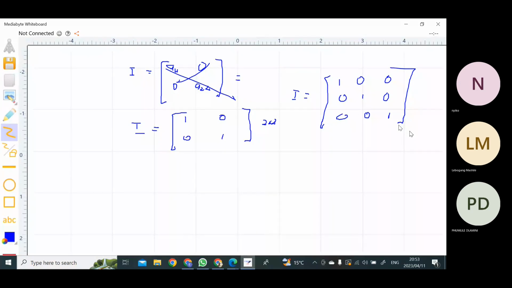Now if we move to this one, I'm looking for a question that I can multiply. I'm not getting that question in your textbook, so I'm just going to use one.